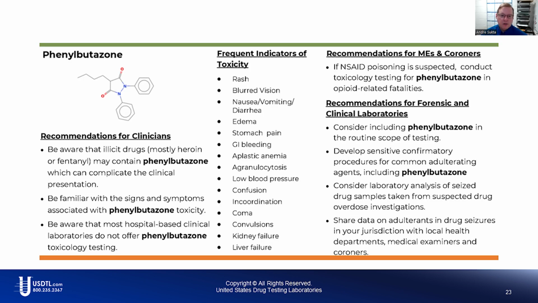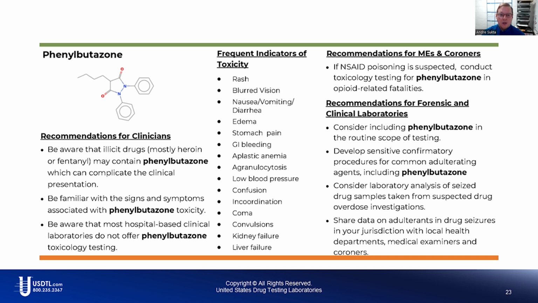For those of you that aren't aware, phenylbutazone is a common NSAID, and I've included this in our presentation just to do a quick overview. Being a veterinary NSAID, it is not commonly reviewed or looked for in the human population.